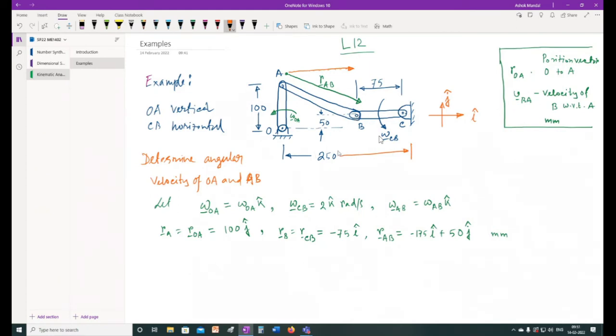So you subtract 250 minus 75, which gives 175. So this is 175 i, and then you have 50 in this direction, so minus j. This is in the minus j direction.